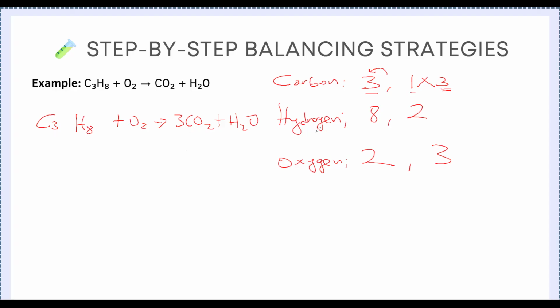The next atom to balance is hydrogen. How many atoms of hydrogen do I have? On the left-hand side, I have H8, 8 atoms of hydrogen. On the right-hand side, how many do I have now? H2, 2 atoms of hydrogen. So to make them equal, I'll simply multiply the smaller number 2 by 4, which will make it 8.